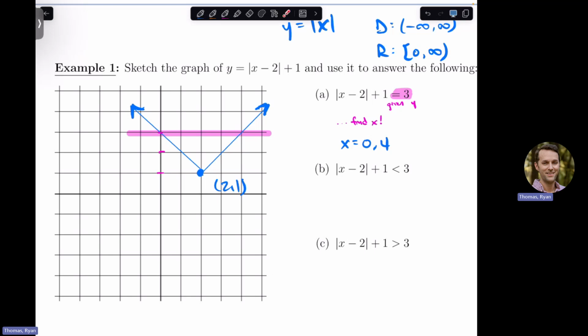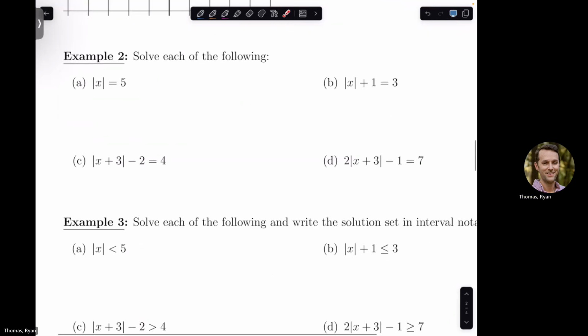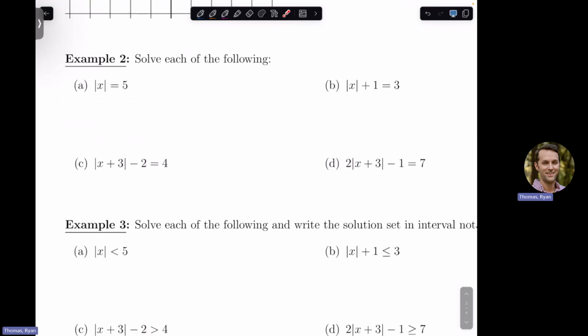So if we solve an absolute value equation, we should kind of go in expecting that we're probably going to find places where that. Okay. I'm going to jump around a little bit. We'll come back to that in just a second. Let's take a couple of minutes and you guys try a couple of these.